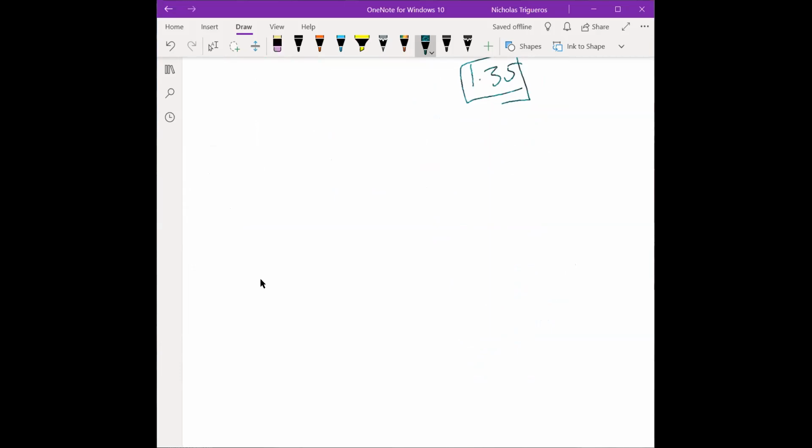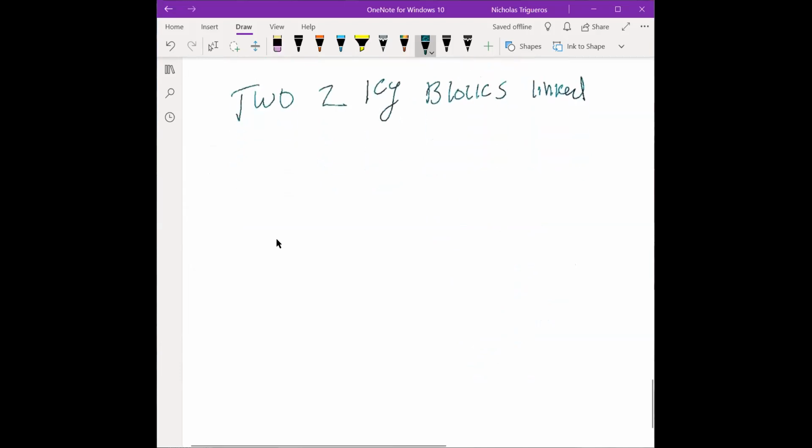All right. Two kilogram blocks. I'm going to draw an L-shaped thing.